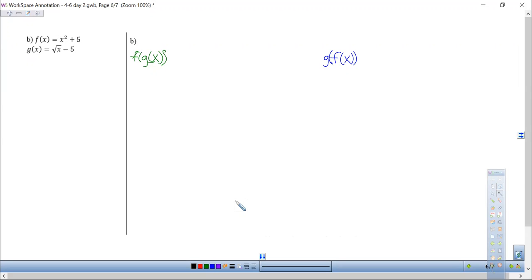So if I'm plugging g into f, I'm taking f, which is x squared plus 5, and I'm replacing its x with g. G is the square root of x minus 5.